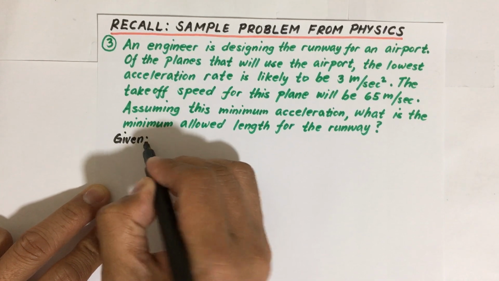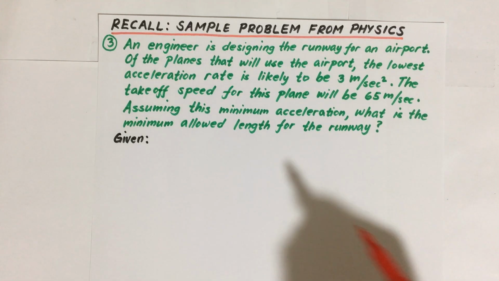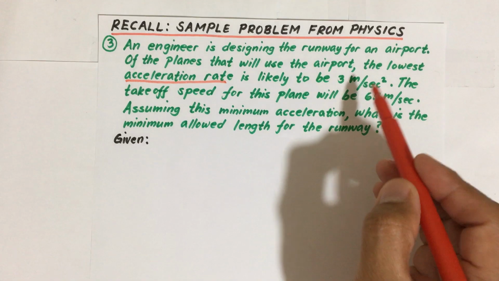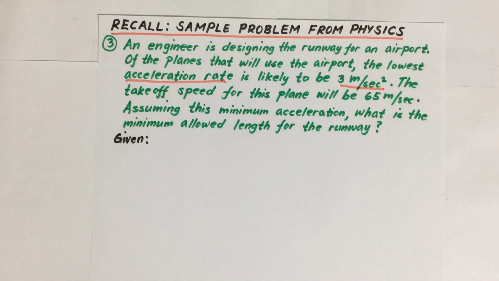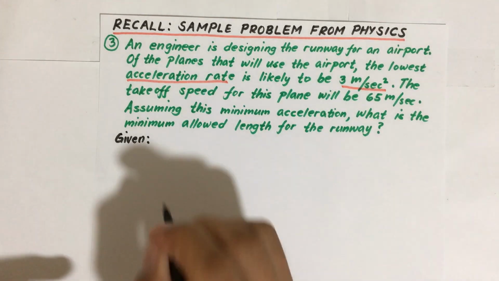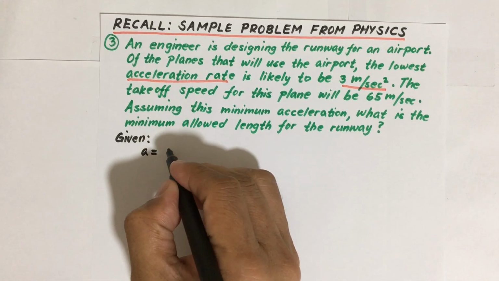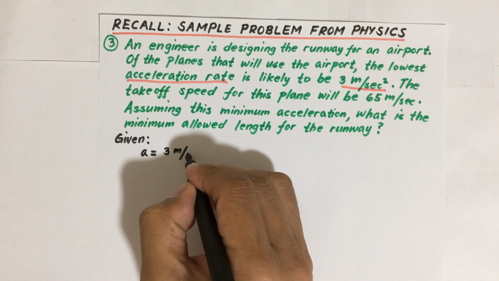So in this problem, we have the acceleration rate, which is given as 3 meter per second squared. Alright, so we're given the acceleration, which is 3 meter per second squared.